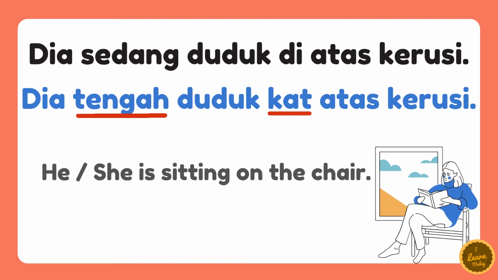Kat atas kerusi means on the chair. So the complete sentence is he or she is sitting on the chair. Dia refers to the third person singular pronoun and it refers to a male or female. Check out the video on the link above to learn more about third person singular pronoun.